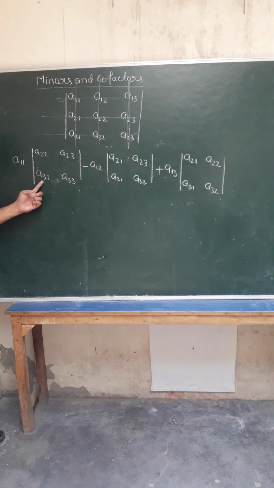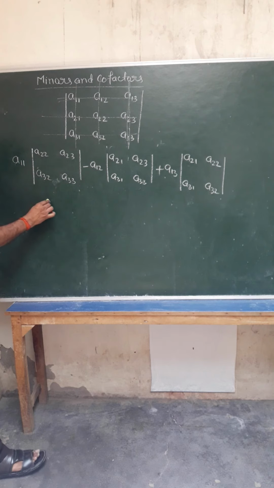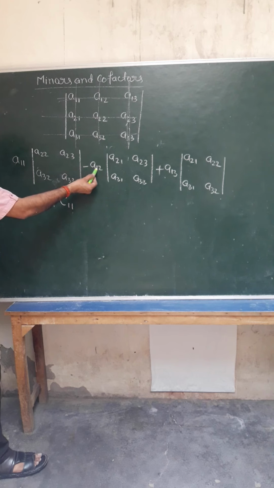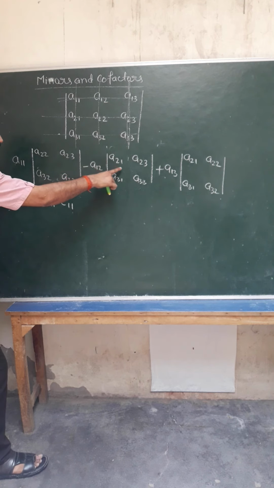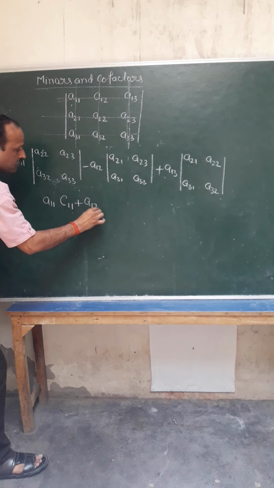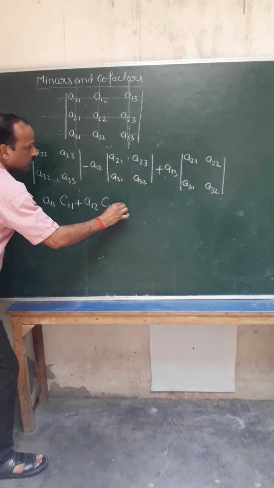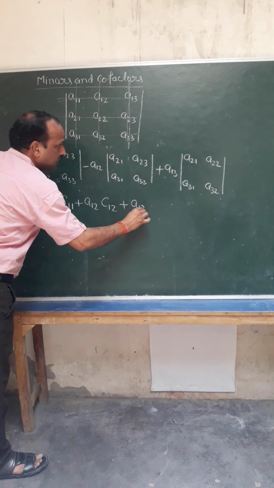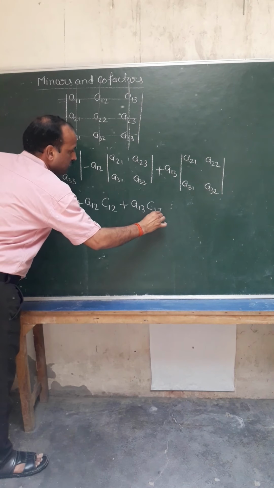Now see, A22, A23, A32, A33 is the cofactor of A11. With (-1) to the power 1 plus 1, that is plus. So we can write A11 C11. Now the cofactor of A12 has (-1) to the power 1 plus 2, that is minus. Take this minus sign with this determinant and put here plus A12 C12. Similarly, A13 C13.